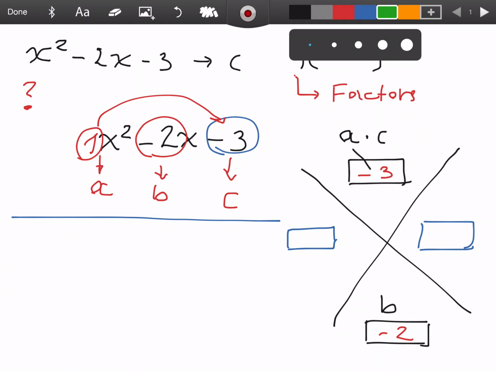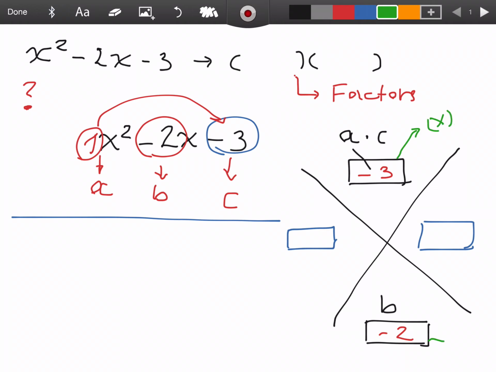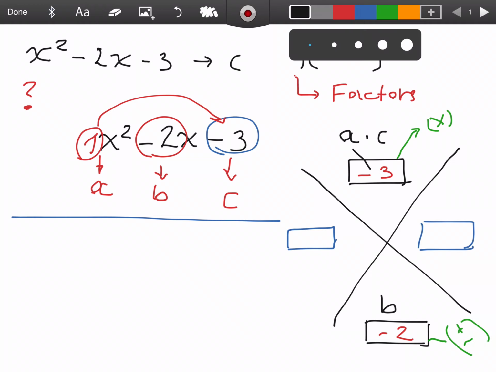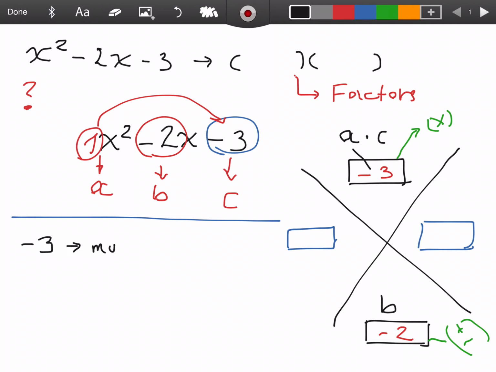You are going to tell me two numbers that after multiplying we can get minus 3, and at the same time adding or subtracting we can get minus 2. Again, we have minus 3, and we need to get this by multiplying. And the minus 2 is adding, using the same numbers.